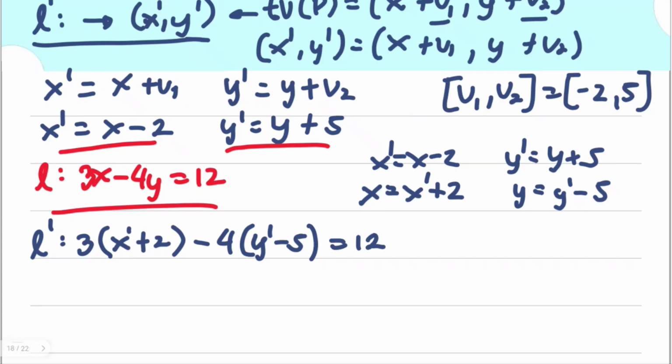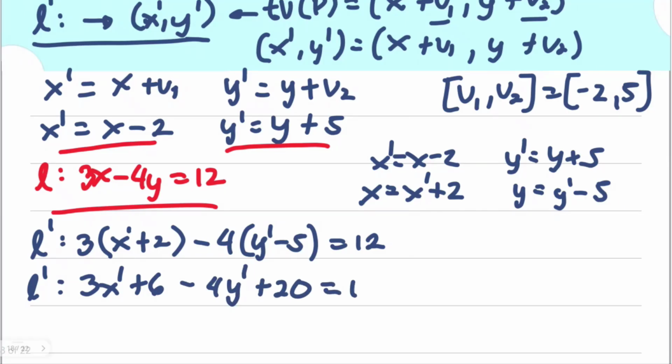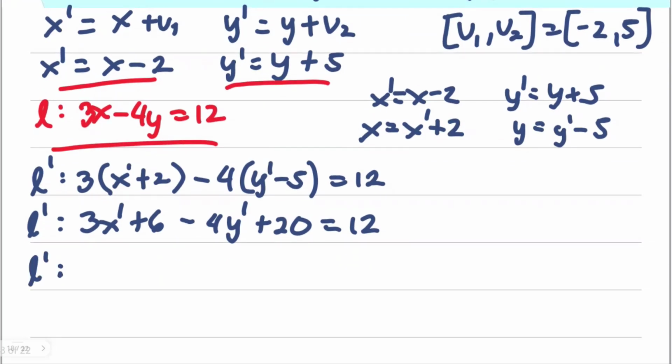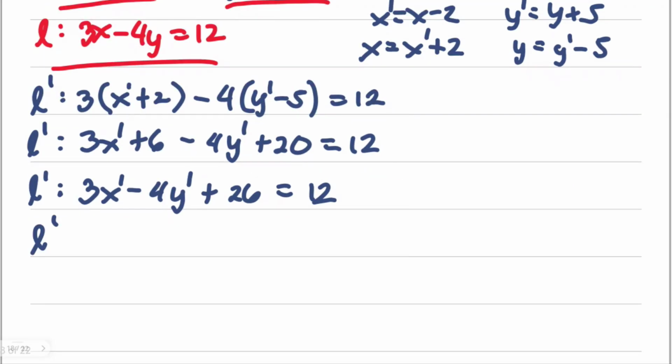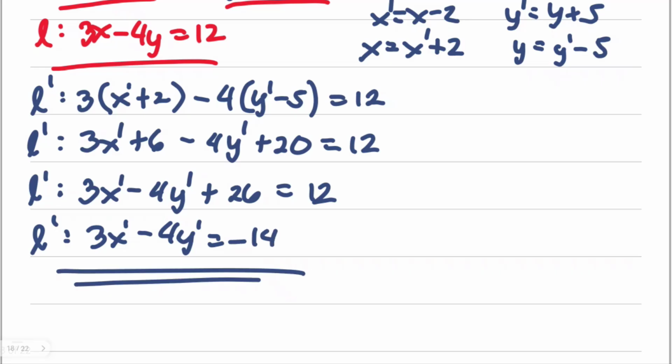Okay, that would mean you will have here the form 3x prime plus 6 minus 4y prime plus 20 is equal to 12, which would give us 3x prime minus 4y prime plus 26 is equal to 12. This would mean our translated line along vector negative 2 and 5 is 3x prime minus 4y prime equal to negative 14. This is now the identified translated line.